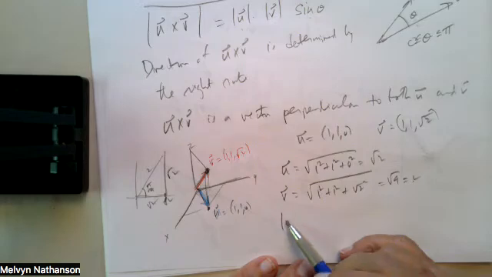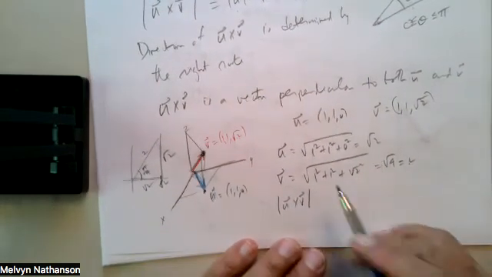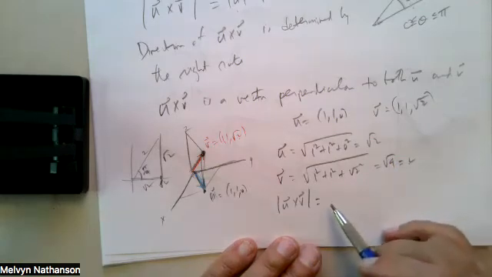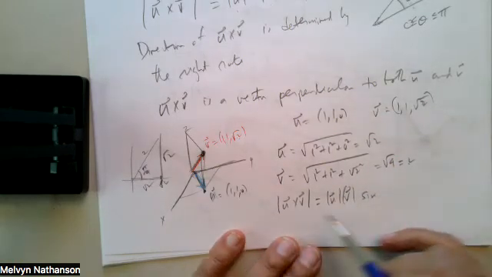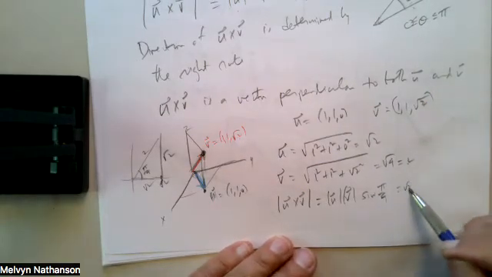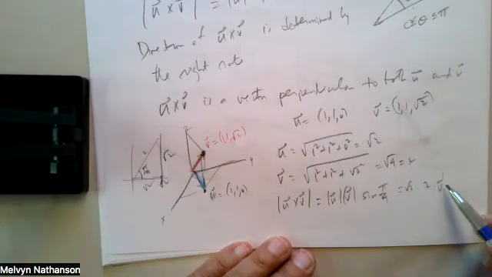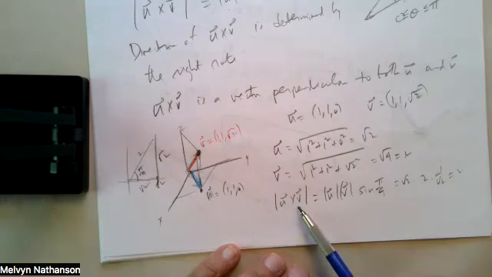So the magnitude of the cross product, or the vector product, is going to be the product of the lengths of the vectors times the sine of pi over 4. That's root 2 times 2 times 1 over root 2, so it's 2. So this cross product has a magnitude, or length, which is 2 units.